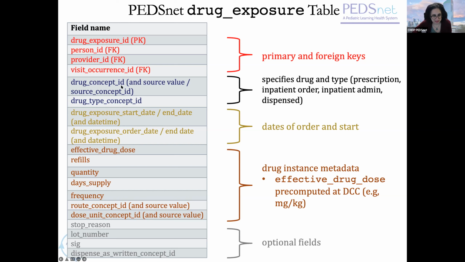So the drug concept ID is the RxNorm code, and then the drug type concept ID is where it was given. So prescription, inpatient order, etc. And then these are a lot of the metadata. The drug exposure start date is the dates of the order and the start time and date, and then all of the metadata.